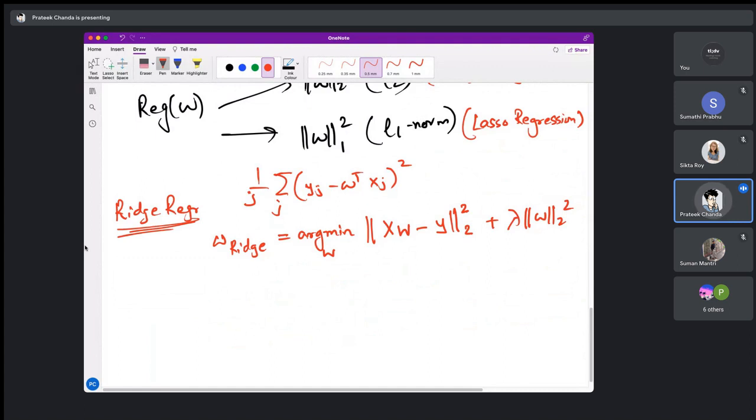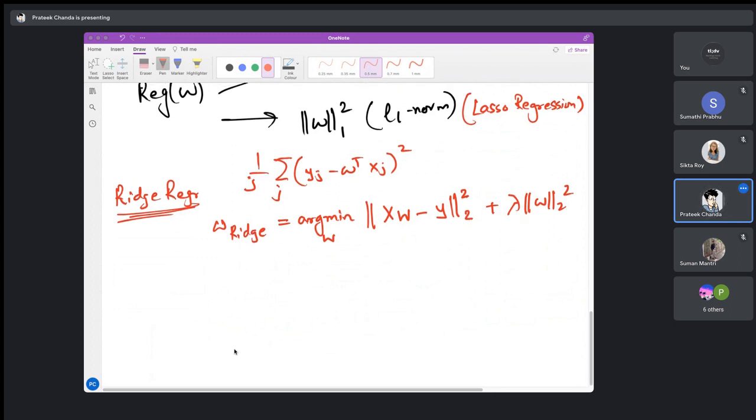We are adding this penalty term to balance the measure of the fit of the model that we are getting, and also to reduce the complexity of the model so that it doesn't overfit. You can also represent it differently.